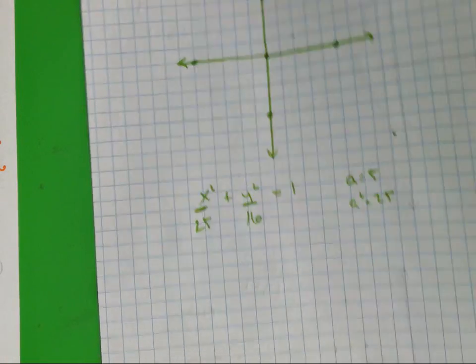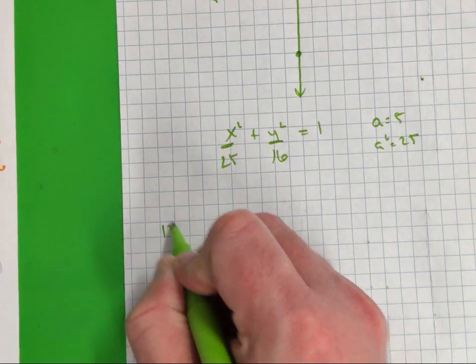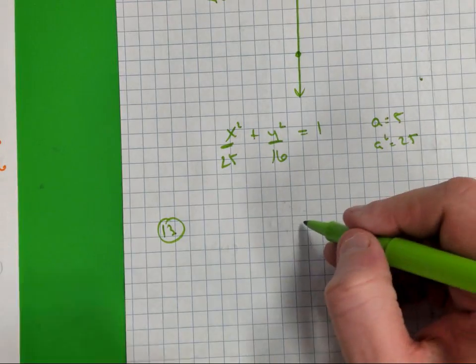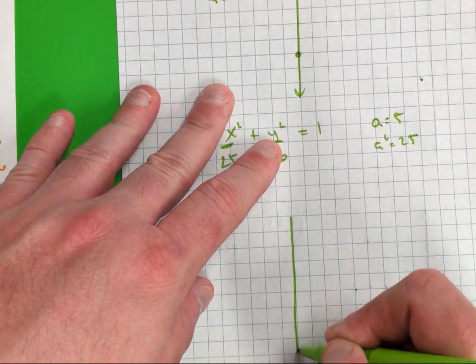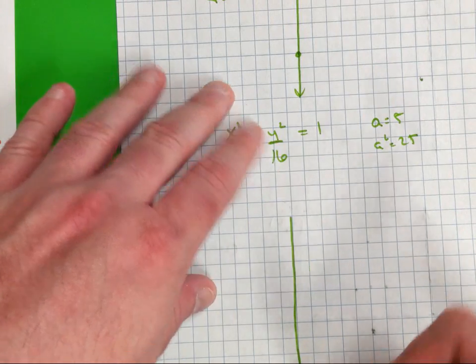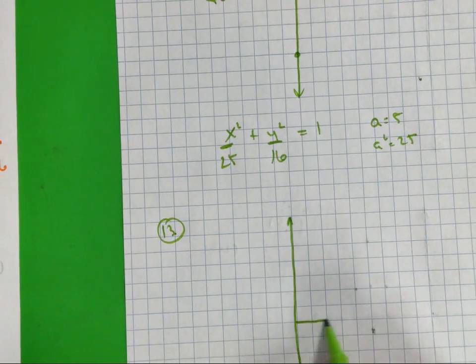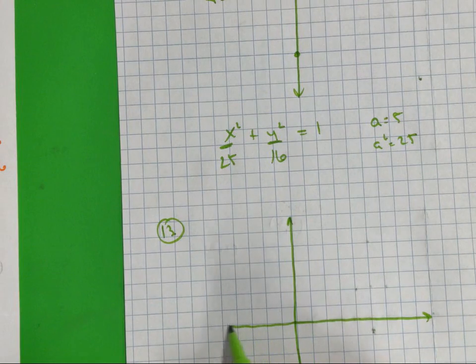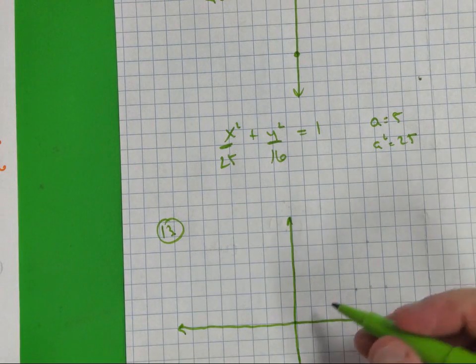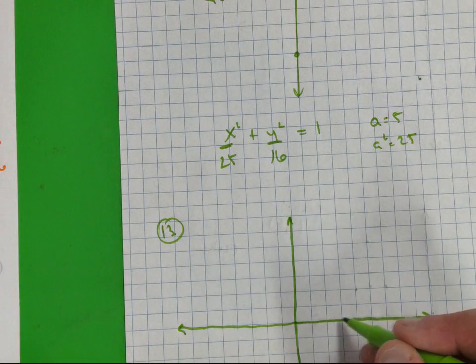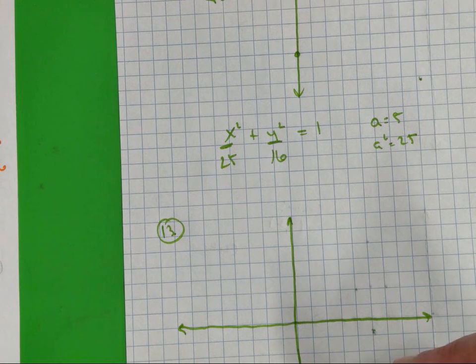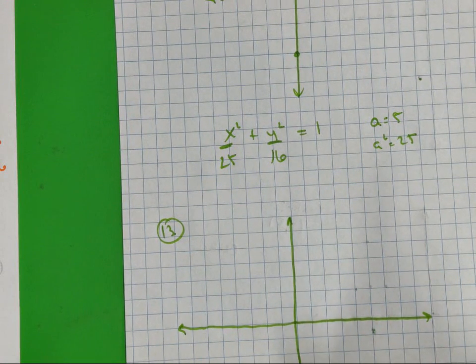Let's look at number 13. Last one, guys. I'm going to graph this. It says my vertices are at (3, -7), 1, 2, 3, 1, 2, 3, 4, 5, 6, 7, and (3, 3).